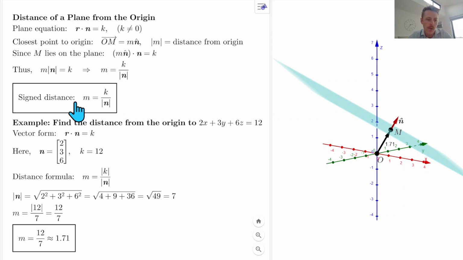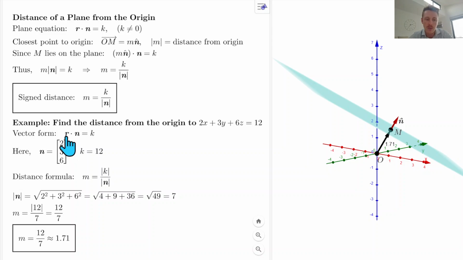So if we wanted the absolute distance to the plane, we just take the magnitude of k, whatever k is. It can be quite confusing generally speaking, but an example will help. Find the distance from the origin to 2x plus 3y plus 6z equals 12. Just recalling, because it could be confusing when we're first being introduced to this, this is the dot product.